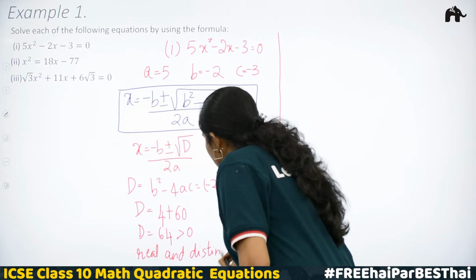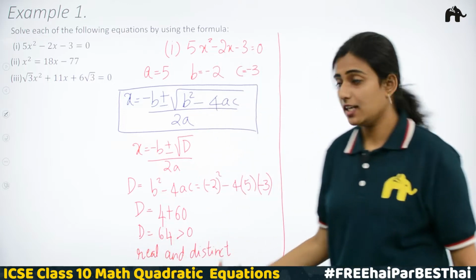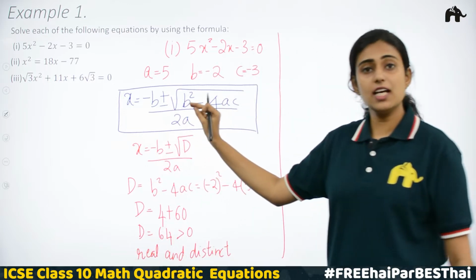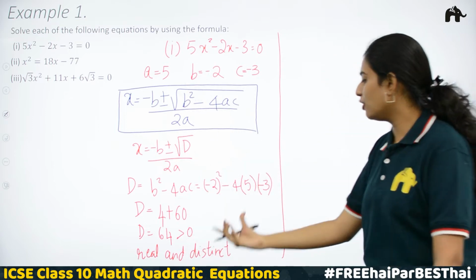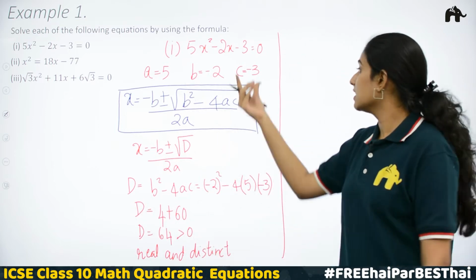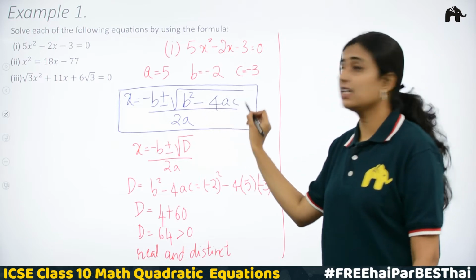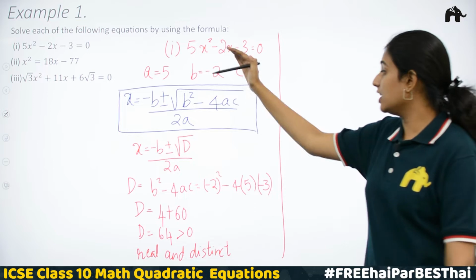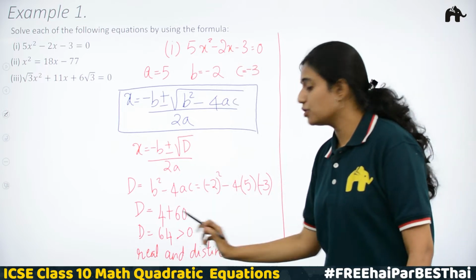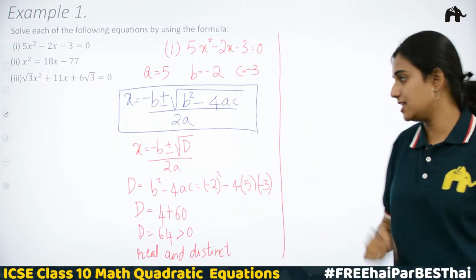This is just for your understanding. By substituting the values, you will get the answer. For first question, I will just confirm that discriminant is the term that comes here. So when you get the answers after solving this, your roots should be real and distinct.